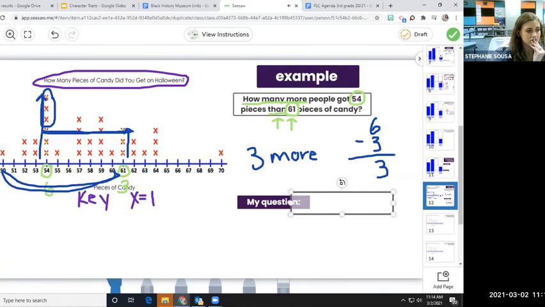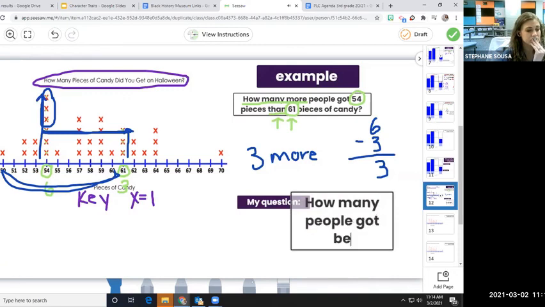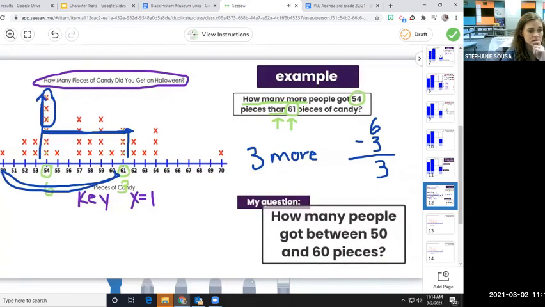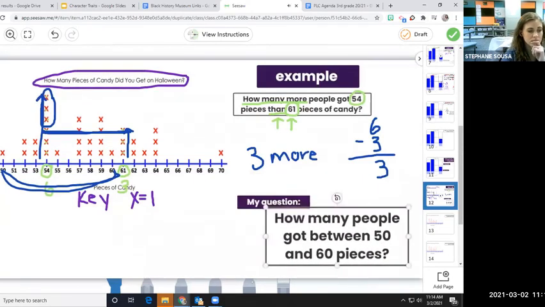So I'm going to record my question using my vocabulary. How many people got between 50 and 60 pieces? I bet you another third grader could look at this line plot and answer this question using their data.